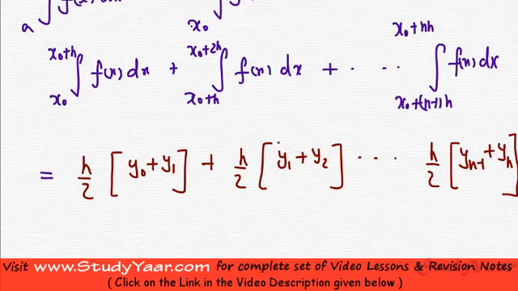So what you're saying is you have your y1 value present over here and over here also. You're going to have a y2 present over here and in the next term also.